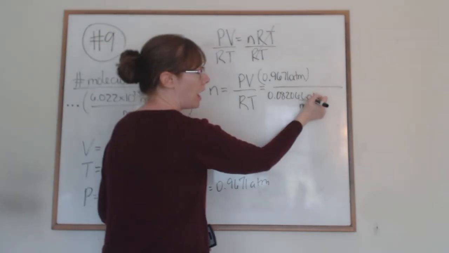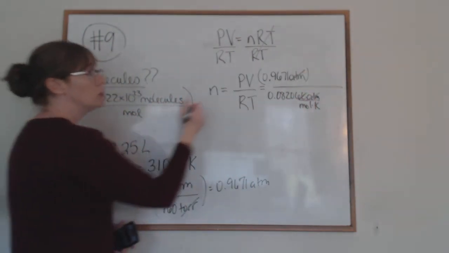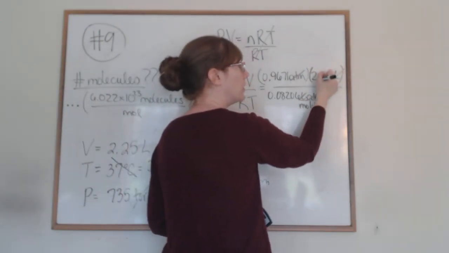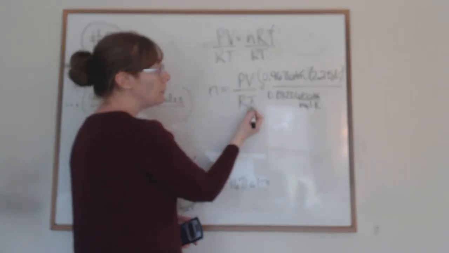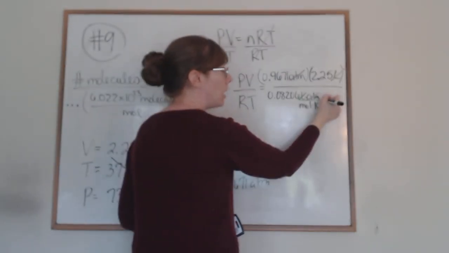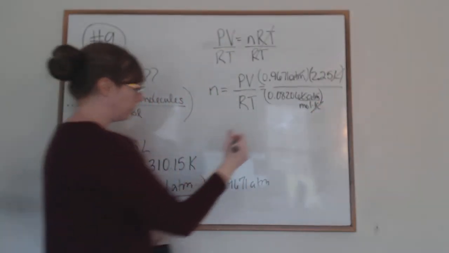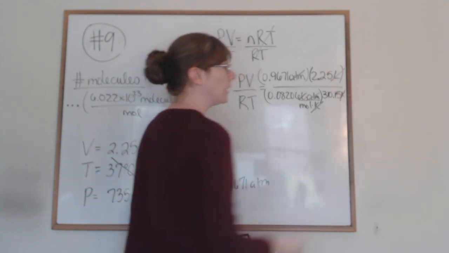Atmosphere is going to cancel. Volume has to be in liters, and thankfully it is, so 2.25 liters will cancel the liter unit in R. Temperature, we already talked about, has to be in Kelvin, because that's what shows up in R: 310.15 Kelvin, which cancels the Kelvin unit.